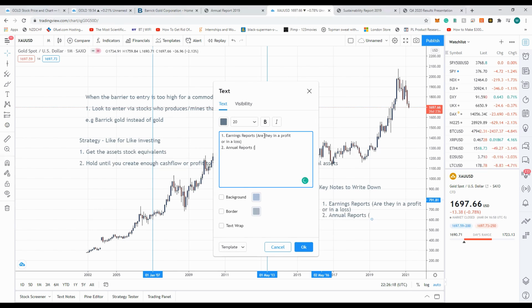Annual report is how they've progressed over the year. Another question: have they fulfilled all their goals?